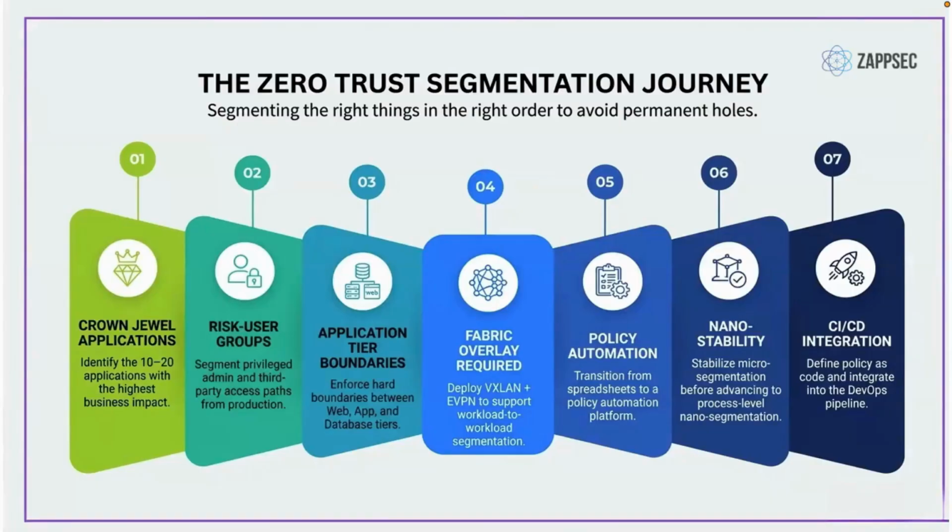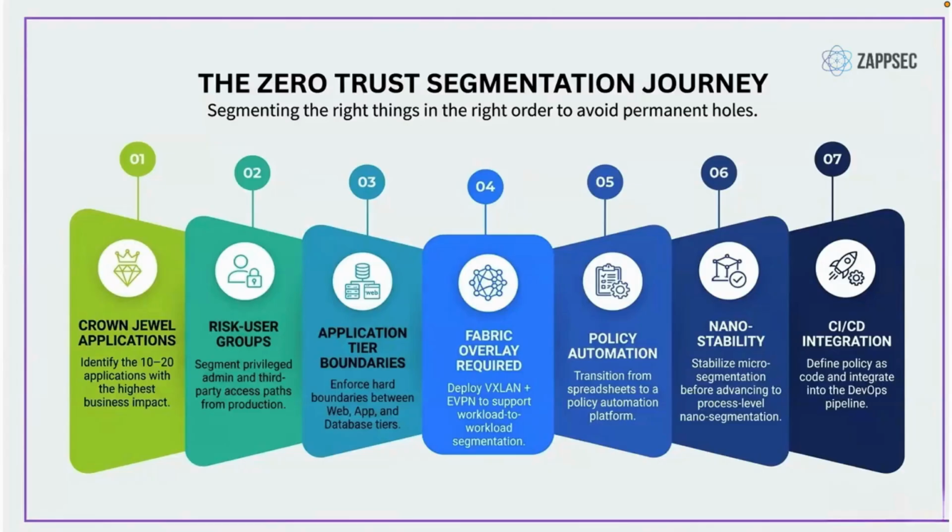Step one is crown jewel applications: the 10 to 12 applications whose compromise would produce the highest business impact. Your ERP, a patient record database, an identity provider, a payment gateway, your domain controllers.